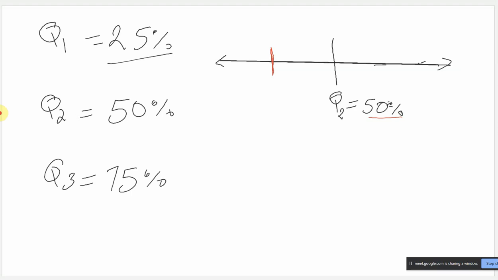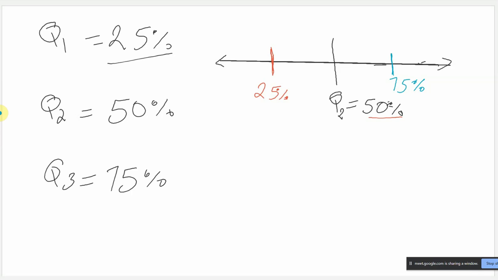So at this point, you will have 25% of the data. And then on the other side of the half, you also chop that data into half as well. Then this will give you the 75% of the data, which is the third quartile.